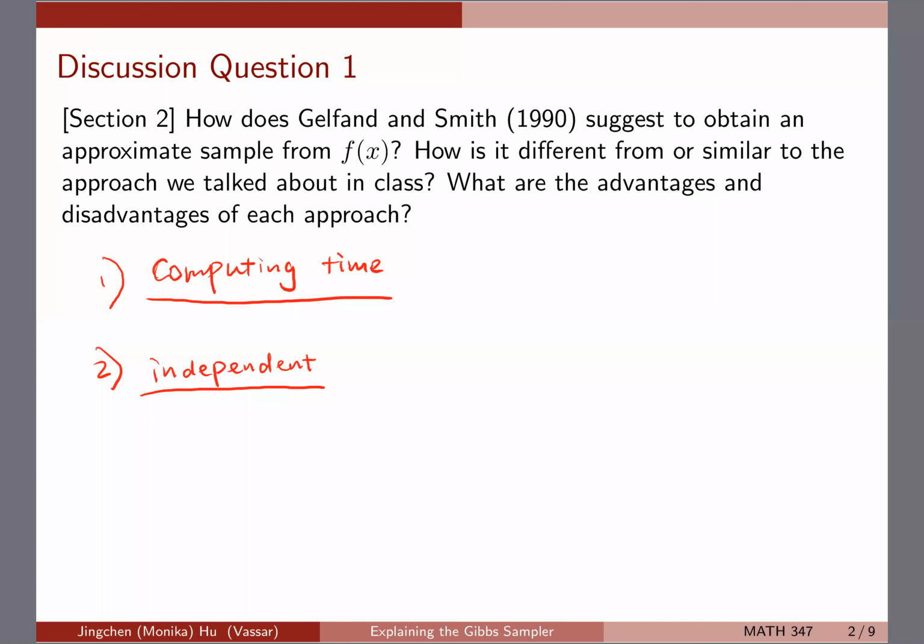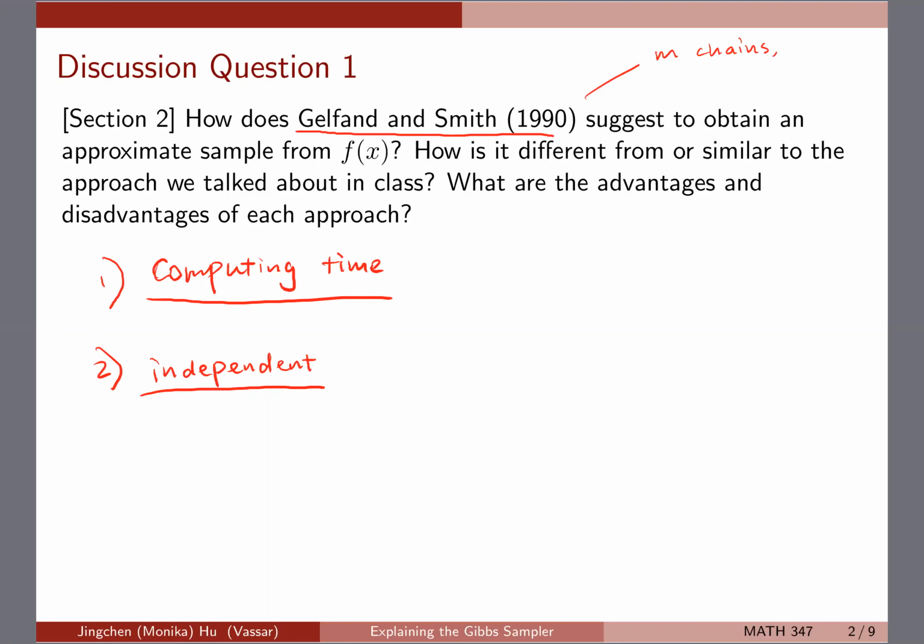Okay, I would just ask for whoever wants to talk about it to first summarize what Gelfand and Smith suggested to do. Anyone? What do they suggest to do to obtain an approximate sample from the marginal posterior distribution? Yeah, Karen. So instead of just taking one chain like we did in class, they suggest doing m different chains and then just saving the last value in each chain.